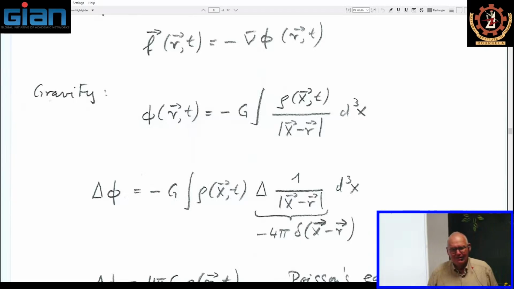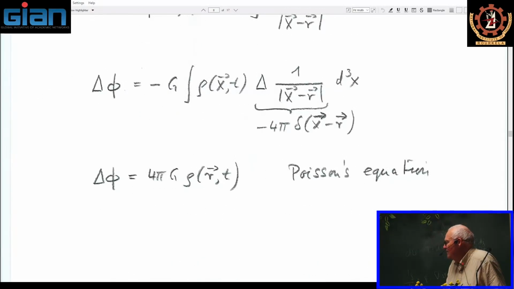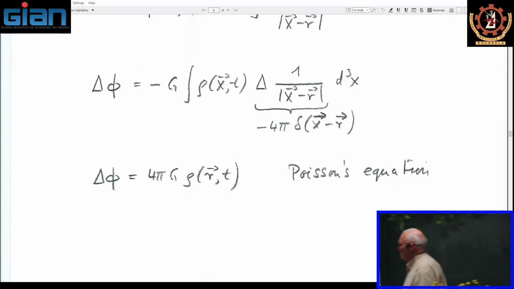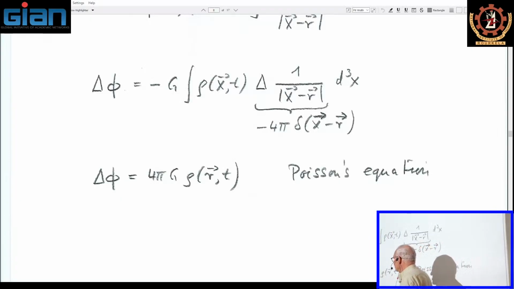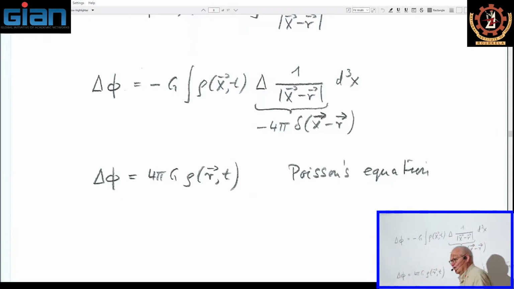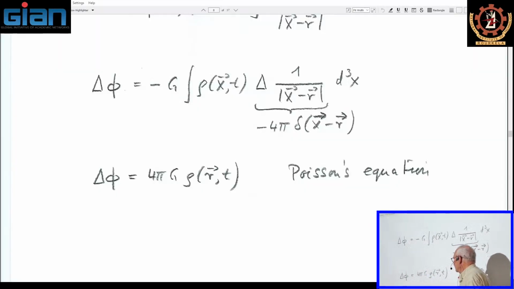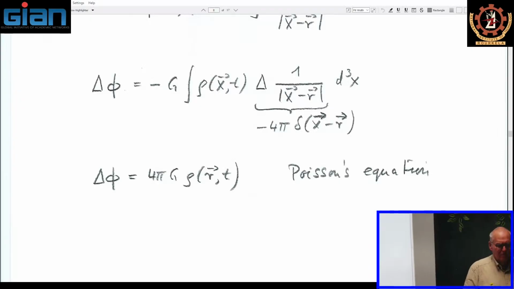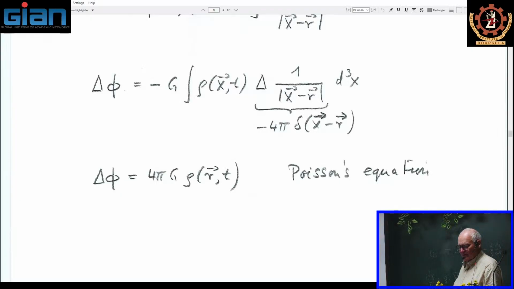So I think everybody will be familiar with that analysis. So we end up with an alternative form for determining the gravitational potential, which is Laplacian acting on the potential phi is 4 pi times the gravitational constant times the density as a function of position and time. The Poisson's equation for the gravitational potential.